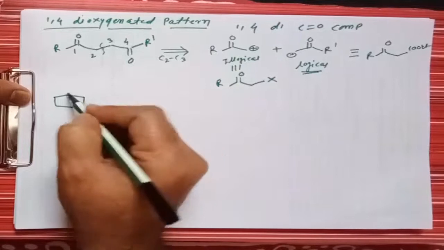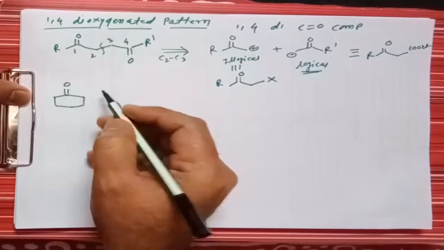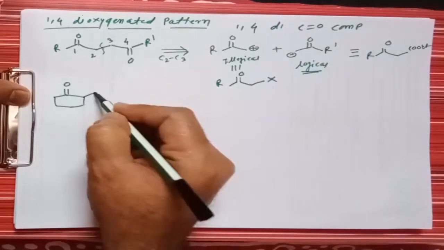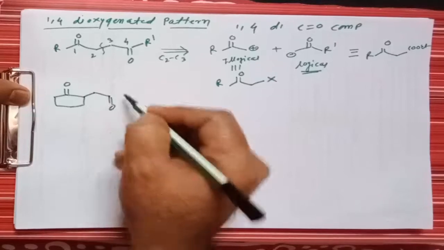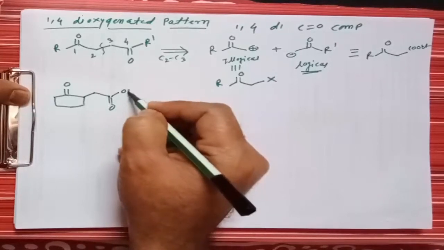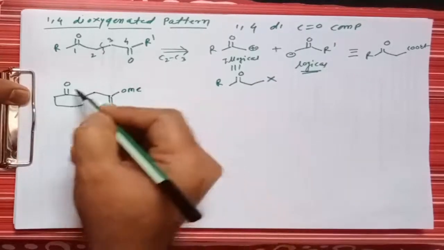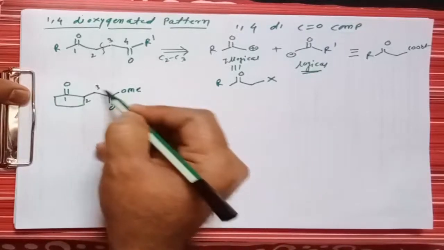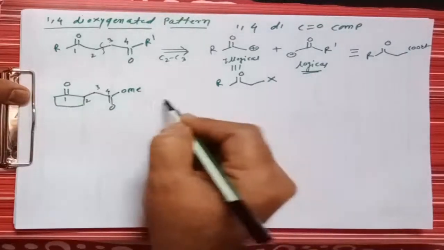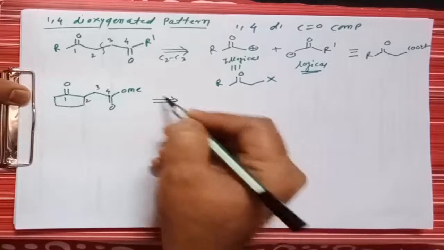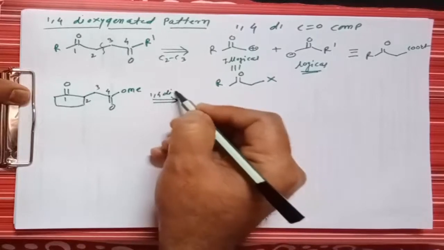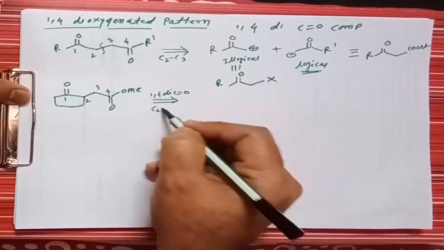So here is a benzene ring containing a carbonyl group, as well as an ester group at the position. Now it is 1, 2, 3 and 4, that is a 1,4 dicarbonyl compound, and therefore we can break this C2-C3 bond.